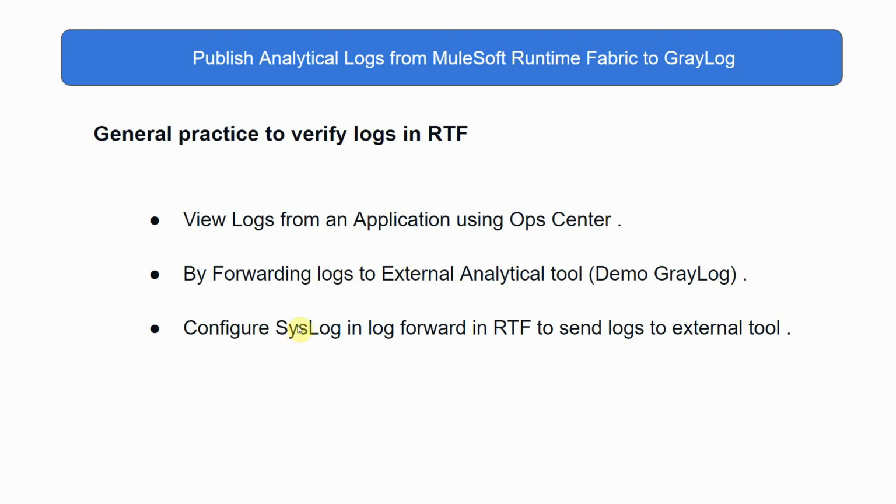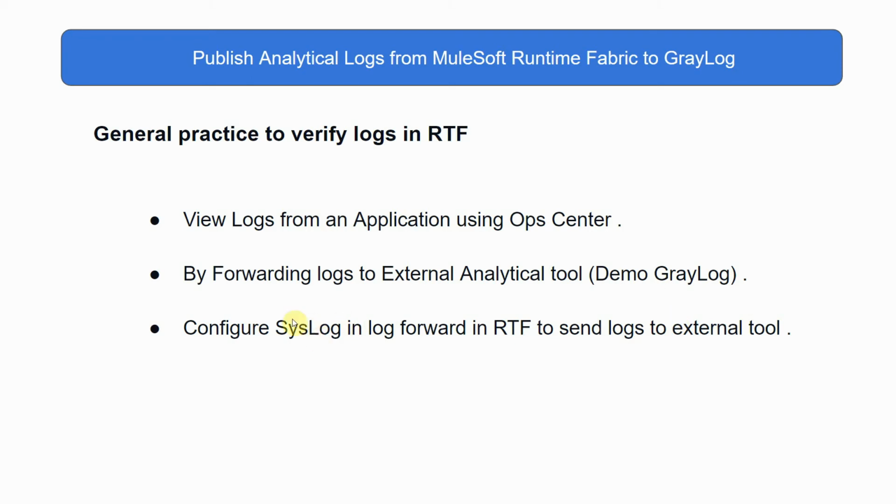Apart from that, the configuration in RTF was updated about 10 or 20 days back, and it has enabled syslog, so we can forward syslog from RTF to an external tool.